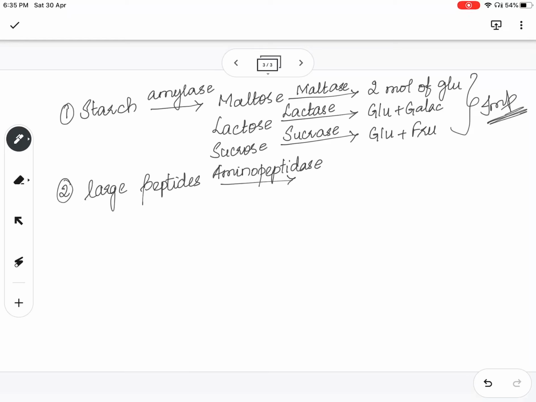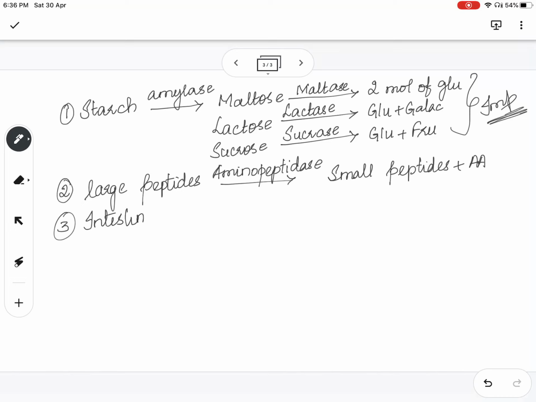Aminopeptidase, as the name suggests, helps break them down into small peptides and amino acids.